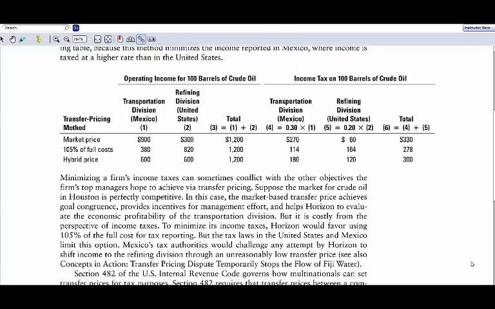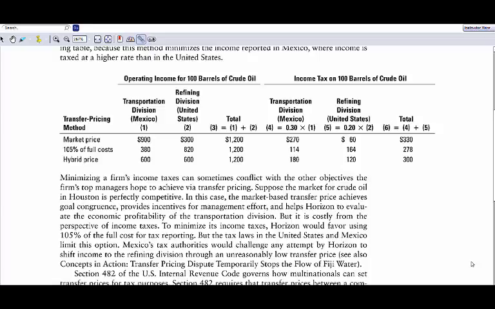A few final words in regards to transfer pricing and the tax that will be applicable when we're talking about these multinational corporations. Again, to minimize its income taxes, Horizon would favor using 105% of the full cost for tax reporting.